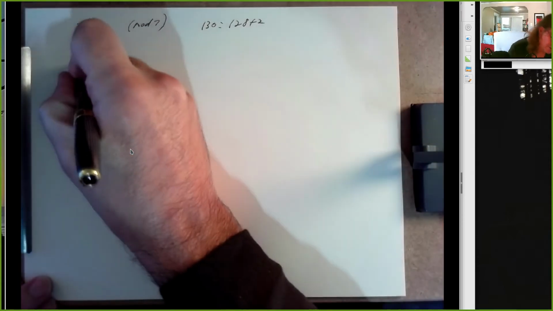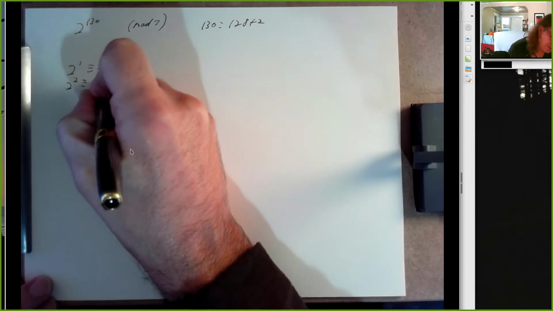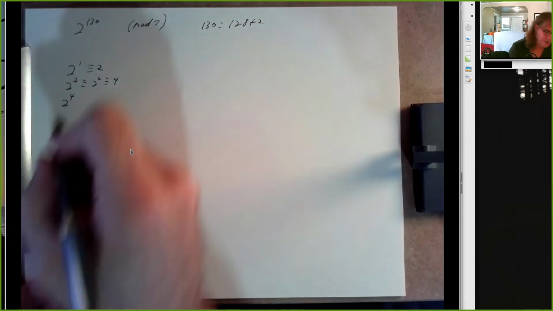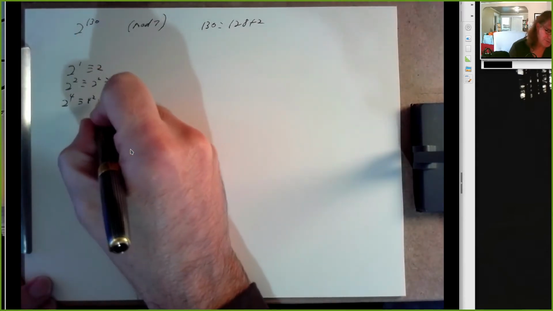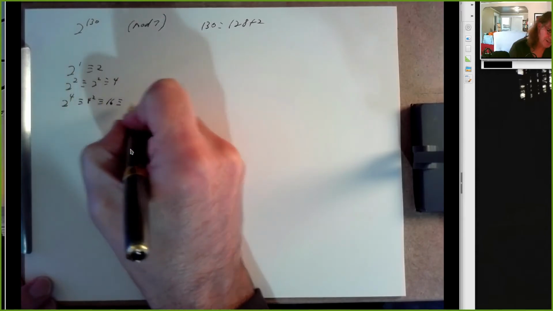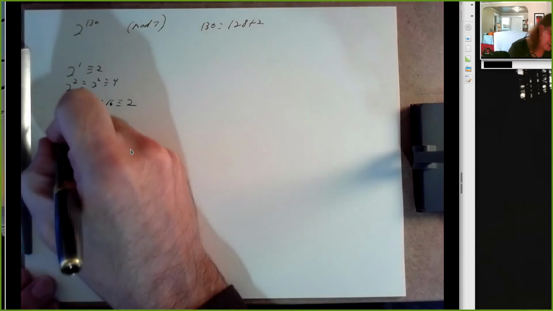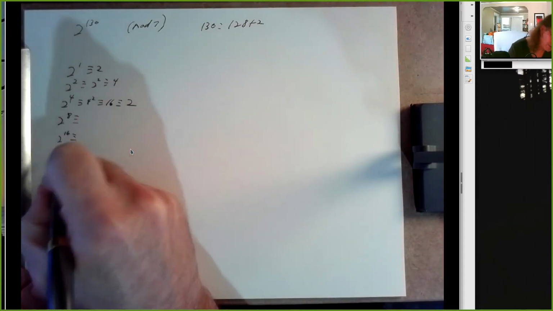So 2 to the first is just 2. 2 squared is 4. I'm going to go by squares. 2 to the fourth will be 2 squared squared, which is 4 squared, which is 16, and 16 is 2 more than a multiple of 7. And I got my repeating pattern now. So I'm going to do this without too much work.